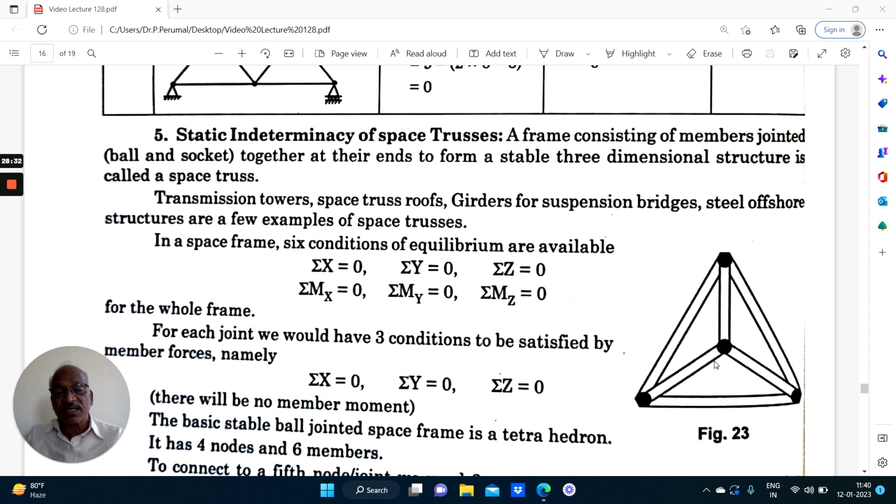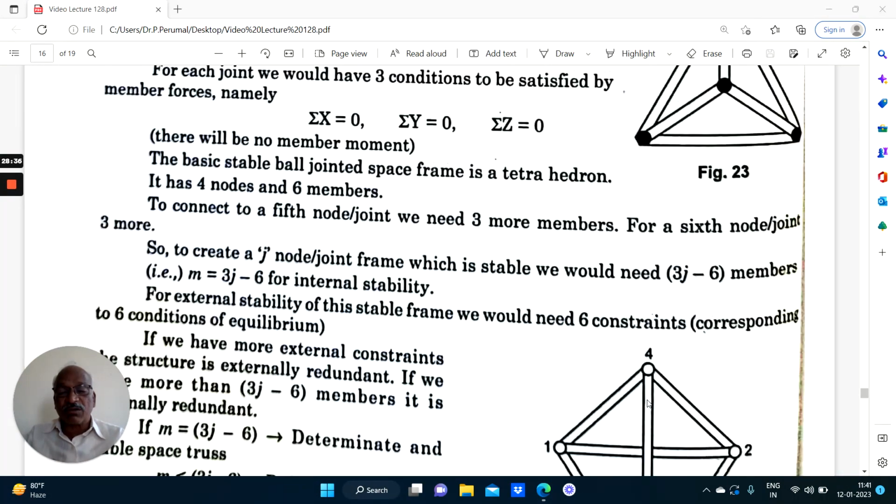So the formula to be used here is I equal to m minus 3j minus 6. Earlier it was I equal to m minus 2j minus 3. Now 3j minus 6 is the formula used for space trusses.